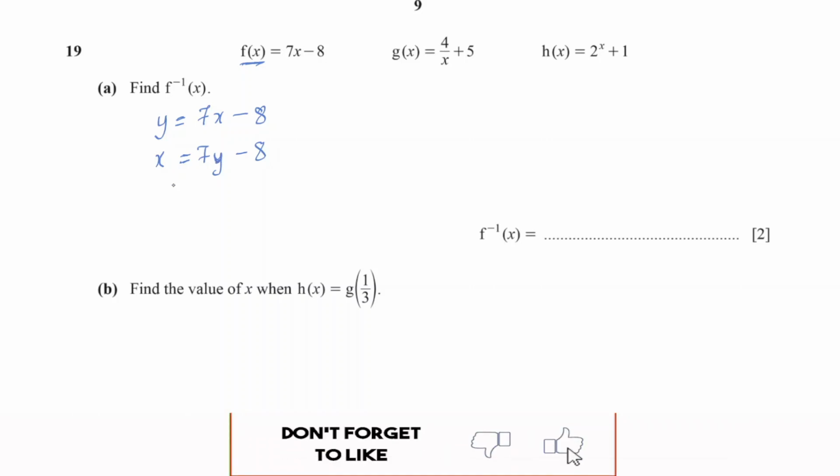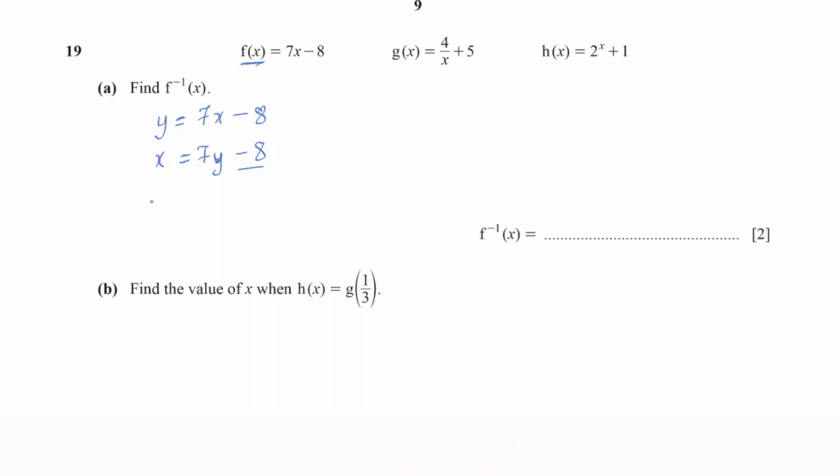So if I want to find the value of y, this 8 should be coming over to the left side with a positive sign with x. Then it will be 7y over there. So for finding the value of y, y will be equals to x plus 8 divided by 7. So this is actually equals to f inverse of x.